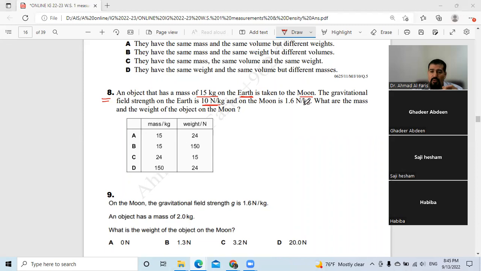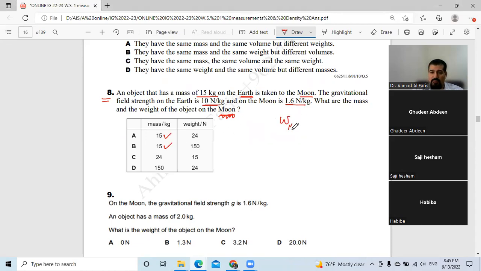And on the Moon it is 1.6 Newton per kilogram. What are the mass and the weight of the object on the Moon? On the Moon the mass remains constant, it doesn't change. Only the weight changes.